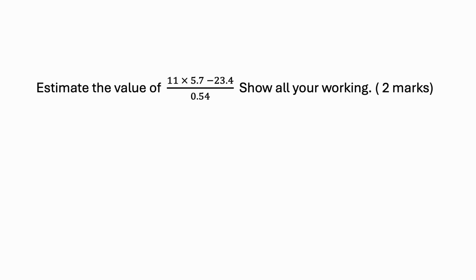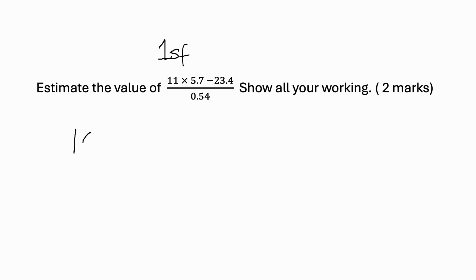Okay, so let's round all of these numbers to 1 significant figure. So 11 to 1 significant figure. Yep, so the 1 to the left is our first significant figure. The number next to it, which isn't 1, is less than 5, so we're rounding down, essentially.